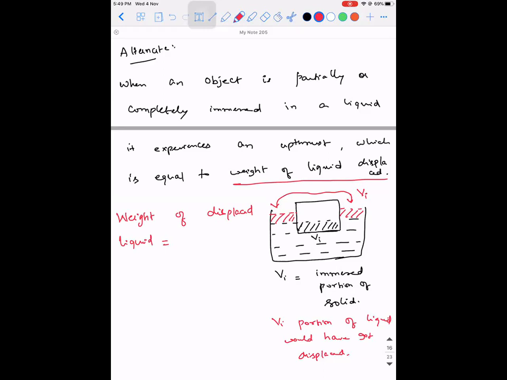What is it? mg, mass of the liquid into g. I told you in this chapter we don't write mass directly because we cannot calculate mass. Rather we depend on density. So can I write density of liquid into, what should I write? How much volume of the liquid has actually got displaced?